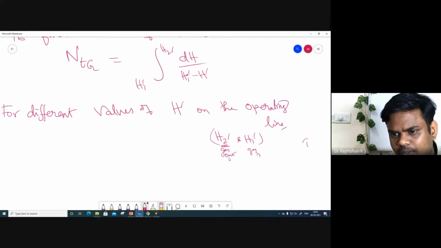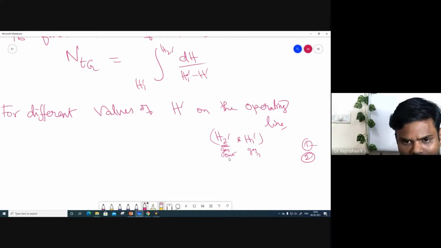One refers to bottom, two refers to top; one is entry of gas, two is exit of gas. That's why I am writing H2 dash and H1 dash. Between these we have to choose several values. So how will you do that?